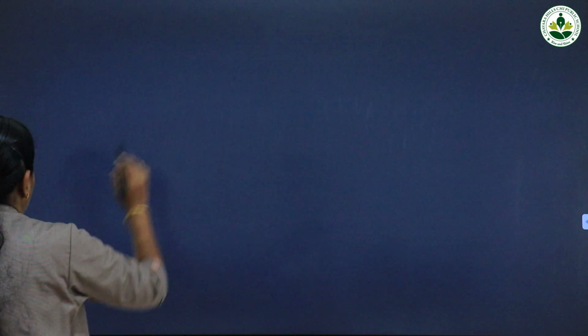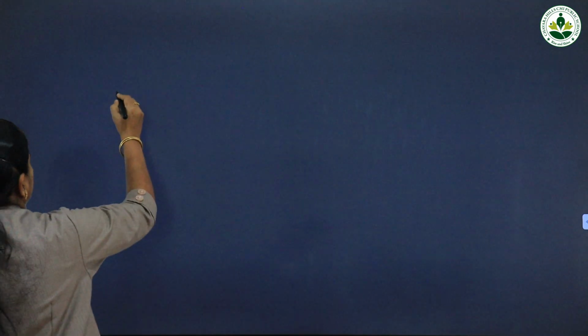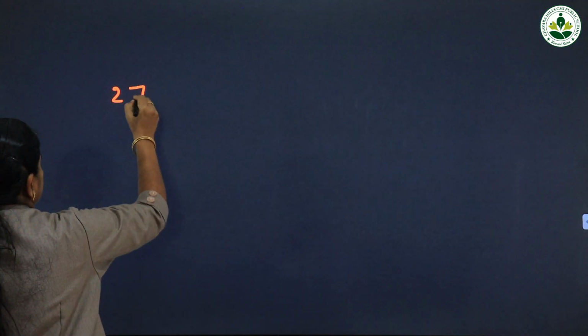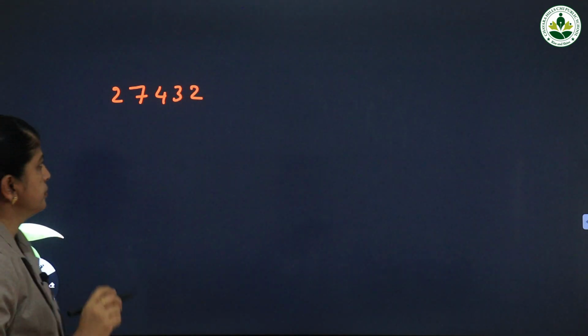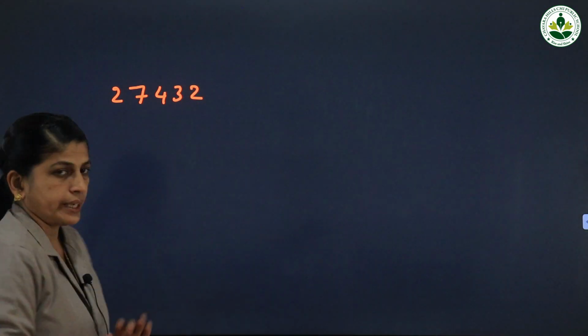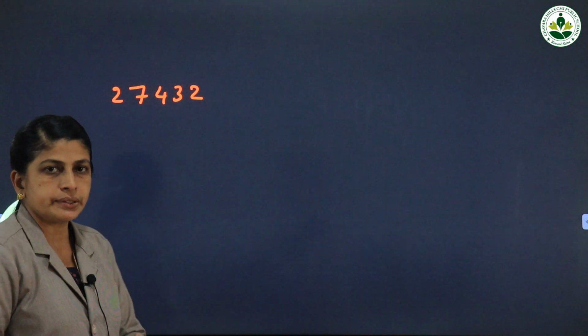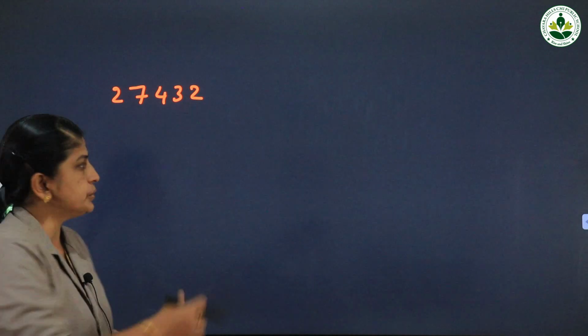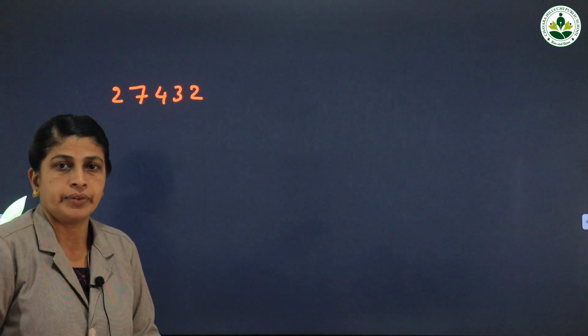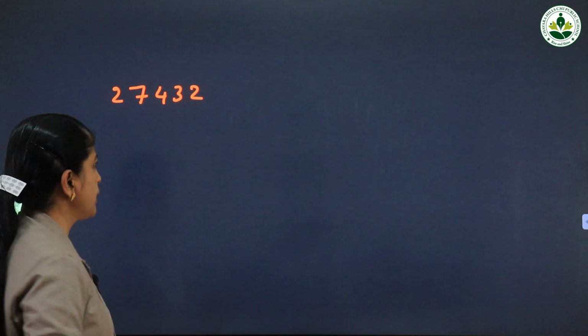What is the divisibility rule? We have to find the sum of all the digits in the number. For example, one number, 27,432. We have to check whether that number is divisible by 3. Before studying the divisibility rule, what were we doing? We had to do the long division to check whether the number is divisible by 3 or not.